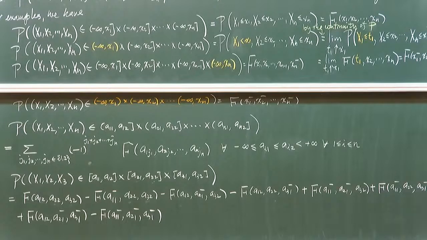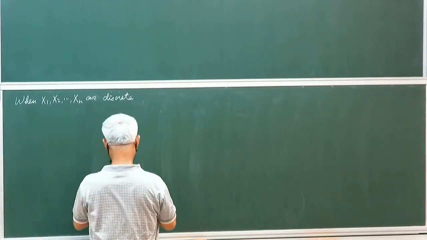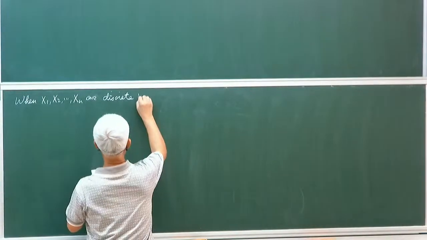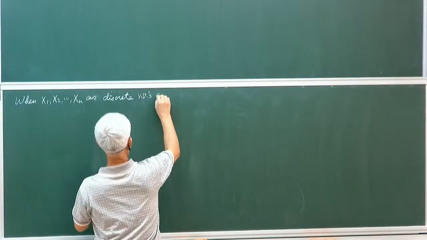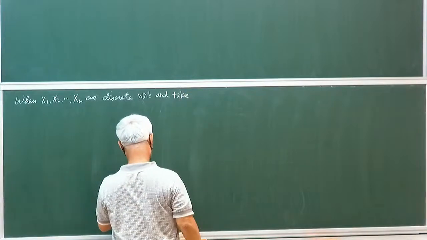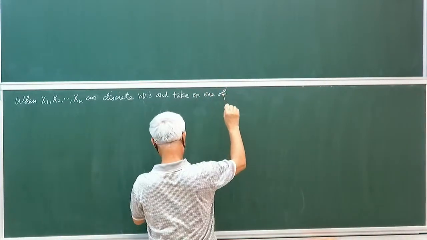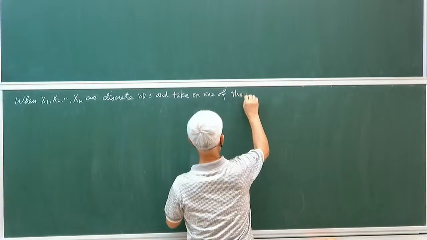The first case is when x1, x2, when the n random variables are discrete, and take one of the values.